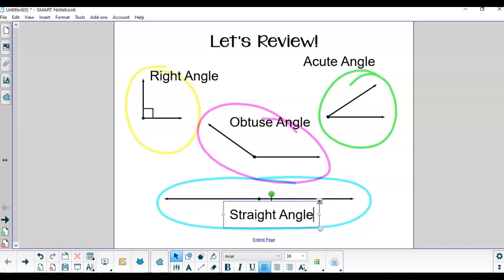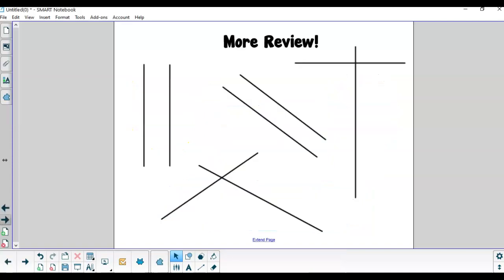And do you remember how many degrees a straight angle is? Good, 180 degrees. All right, so we have our 4 angles today that we are going to refer back to at some points while talking about quadrilaterals.